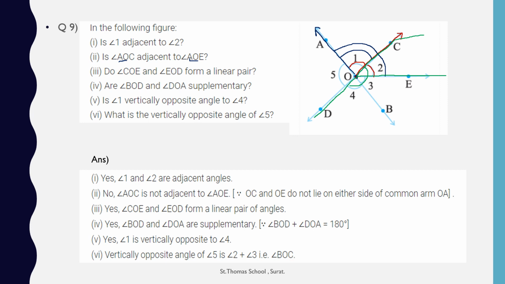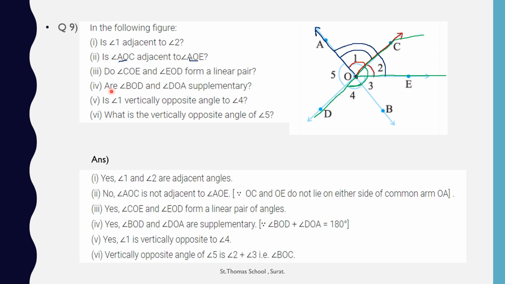COE and EOD, the whole big one. Can we say they are a linear pair? Yes, because in the figure COD is a straight line. COE and EOD, so what we will get? COD is a straight line and the sum of the angles on a straight line is 180 degrees. Is it clear? We can say that yes, angle COE and angle EOD form a linear pair of angles because the sum of these angles is 180 degrees.